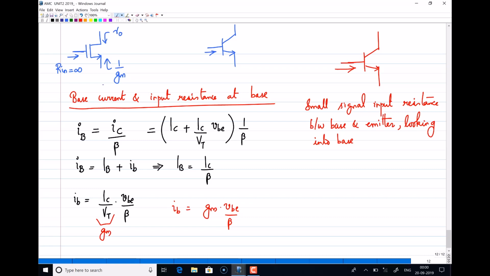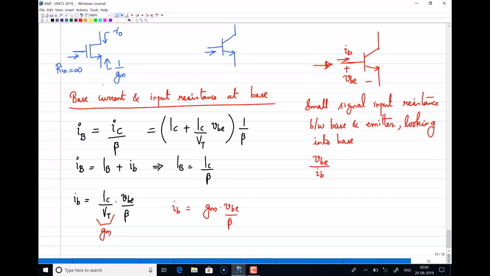So the signal is here, and I want to find the impedance looking into the base. Here the voltage is VBE and the current is IB, so I'll write that resistance as VBE by IB.